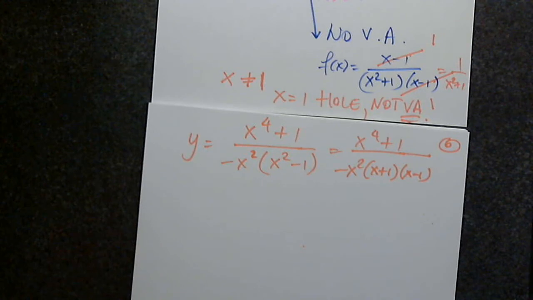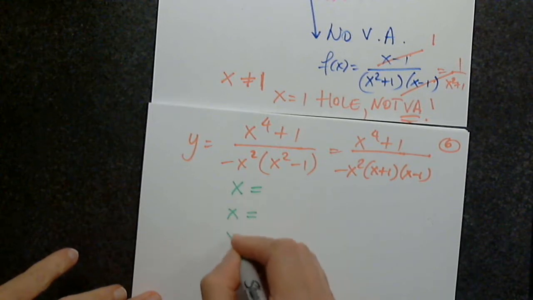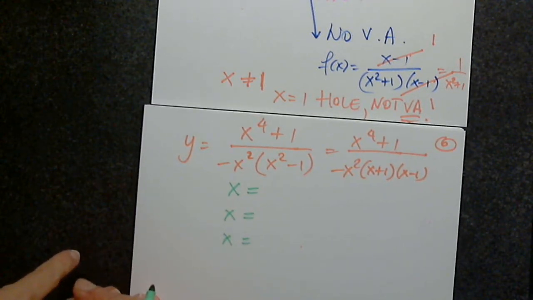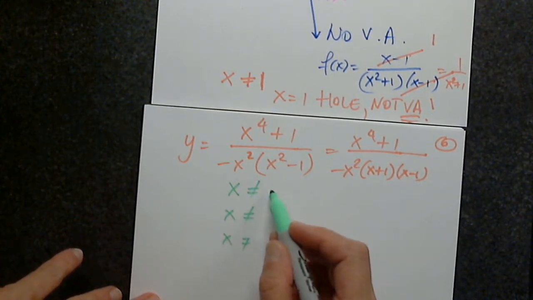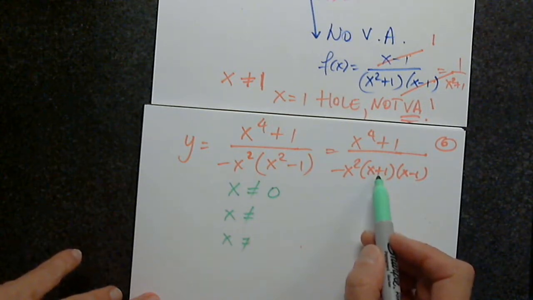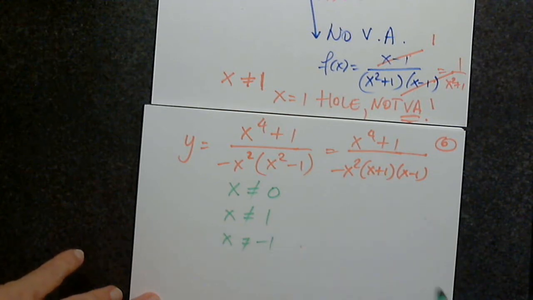So then you will give me 3 restrictions. Right? You'll say x not equal 0. Excellent. x not equal 1. And x not equal negative 1. Very good.